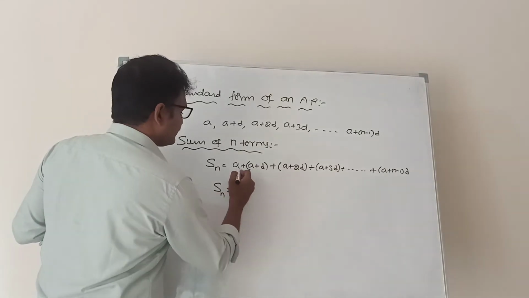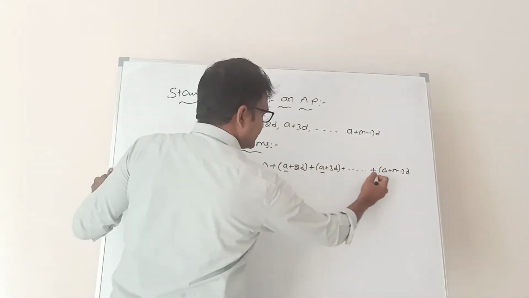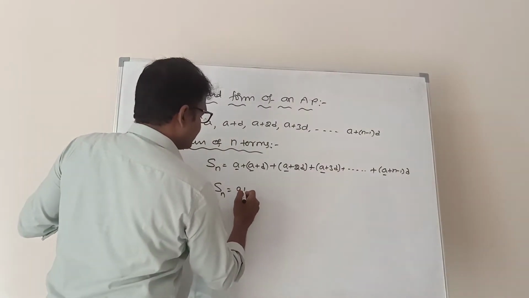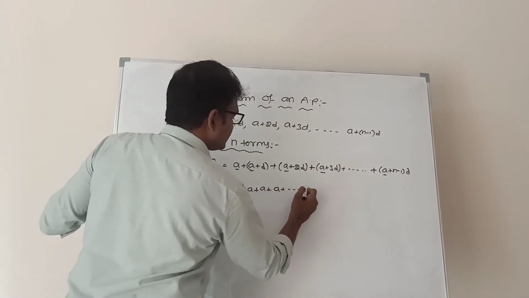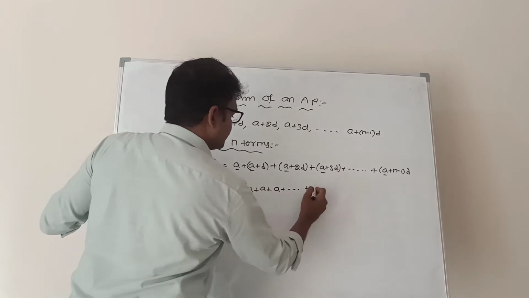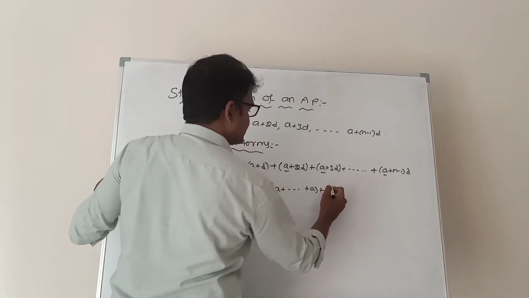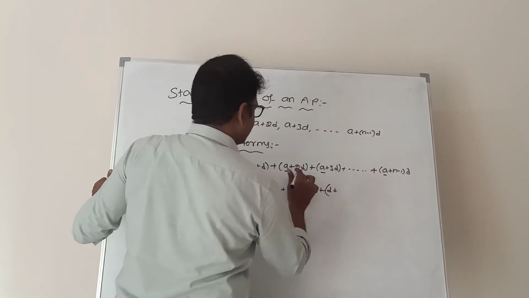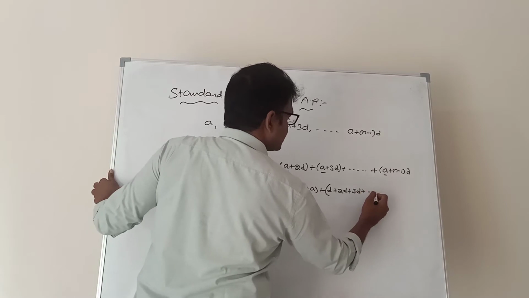Sn is equal to A plus A plus A plus A, so on, plus A, plus D plus 2D plus 3D plus so on.